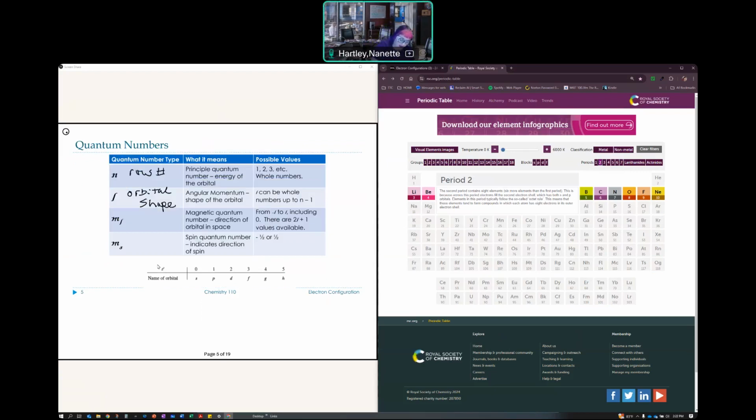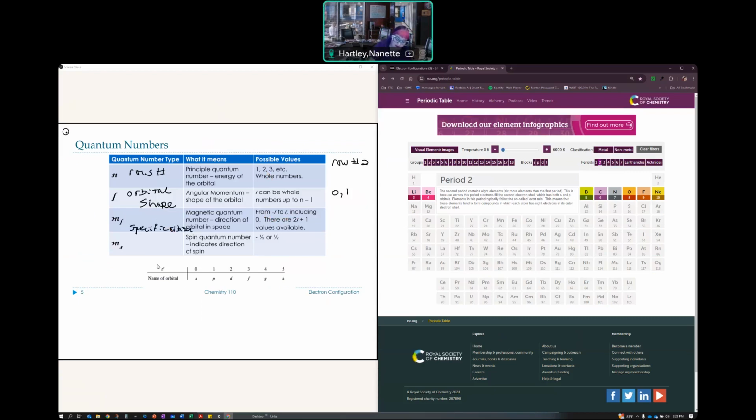So this is his direction in space, which means the specific orbital. So which one of them is it in? And it says that I can have values of negative L to L, including 0. So if I'm in row number 2, which is the one that I have highlighted, then my L values can only be 0 and 1.